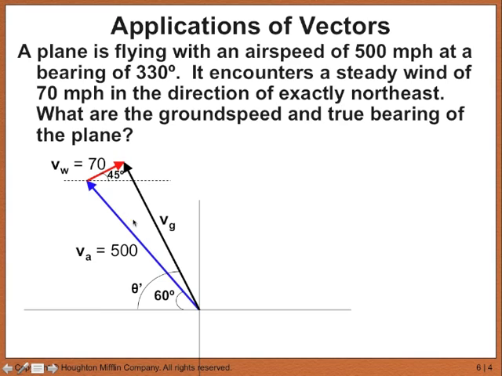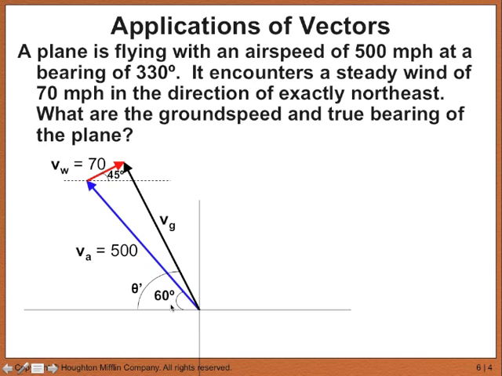Now, this original bearing of 330 degrees for the blue vector, you could think of as the intended bearing, or the initial bearing. But what happens is, because of the effect of wind, that bearing gets thrown off a bit. And so this theta prime that I drew, that's an angle that you can consider your reference angle for the true bearing.